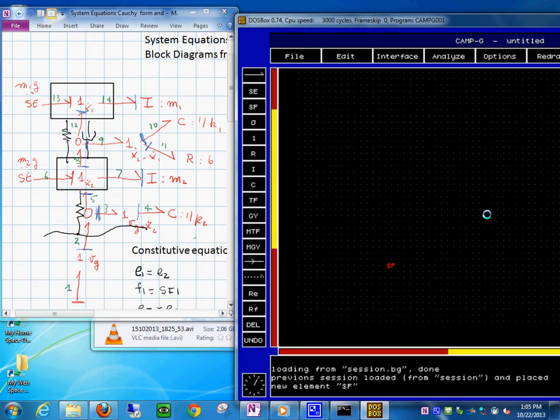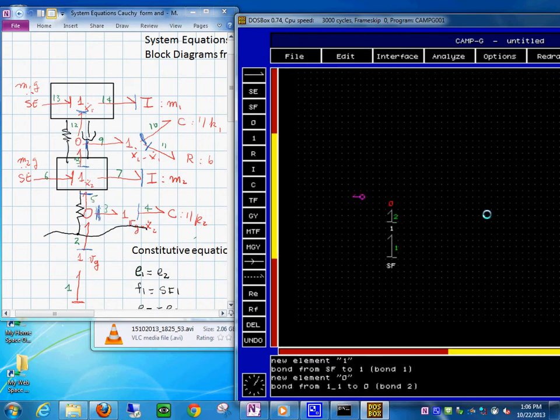is to the right with this 1, and then number 4 is with the C element, right?